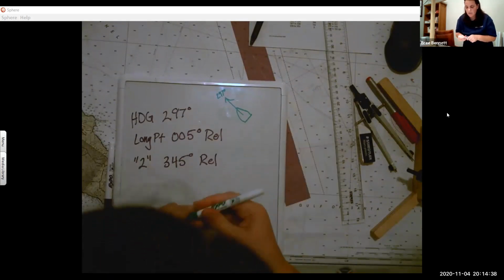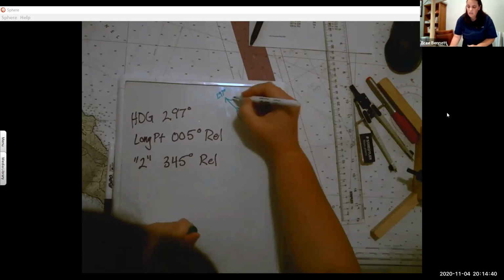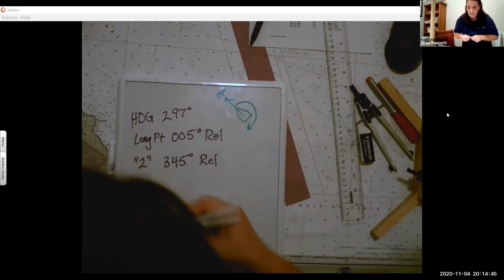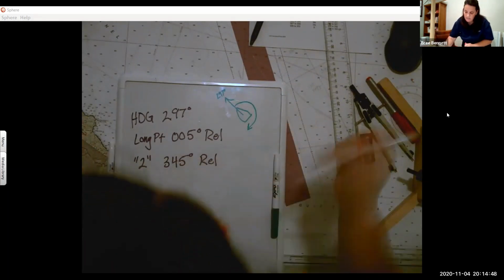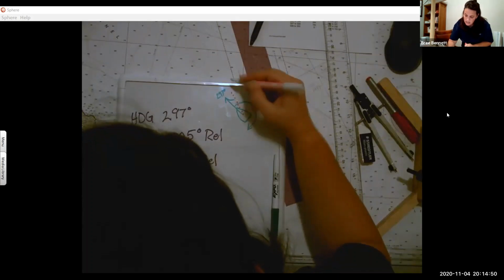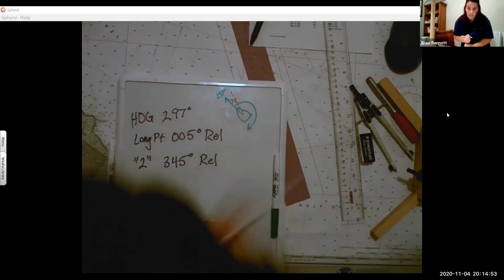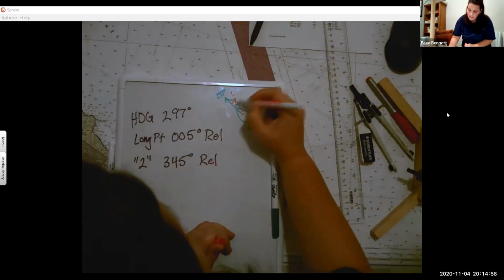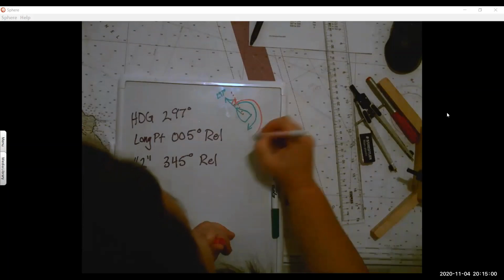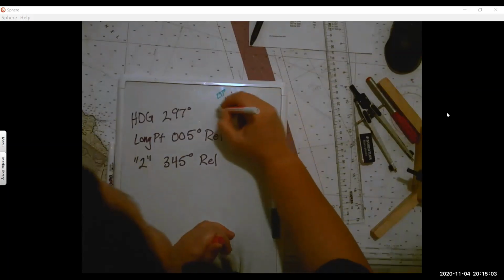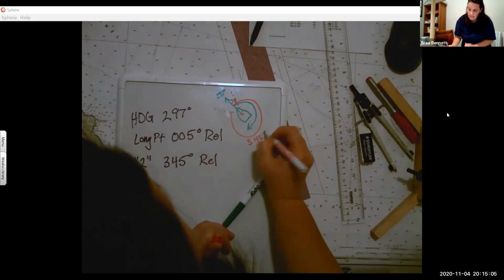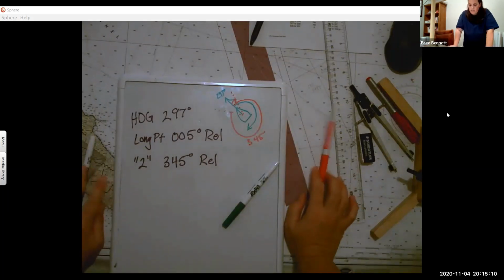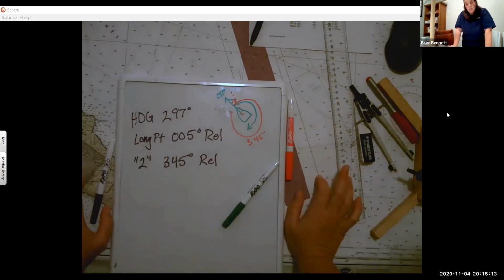Now, if I saw something relative, it's going to start going clockwise. So my 005 is going to be 5 degrees clockwise, and then my 345 is going to be 345 degrees clockwise.